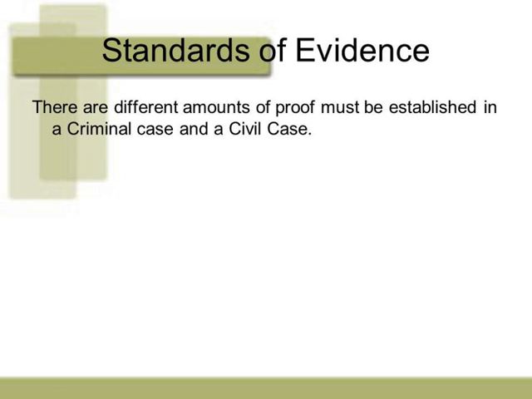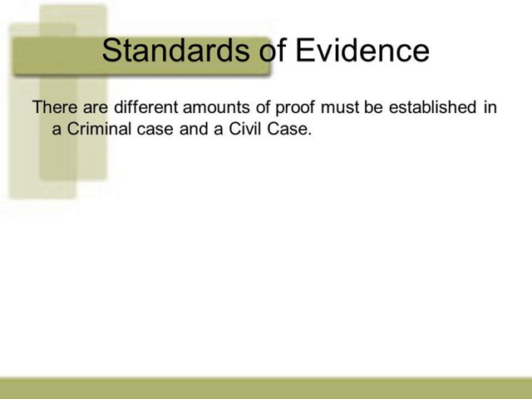Generally, when we talk about criminal cases, we talk about people being guilty. When we talk about civil cases, we generally talk about people being responsible or negligent. Very rarely will we hear the word guilty used in a civil case. Now, there are different standards of evidence. There's a different amount of evidence needed to prove that I committed a crime as opposed to show that I was negligent in a civil case.